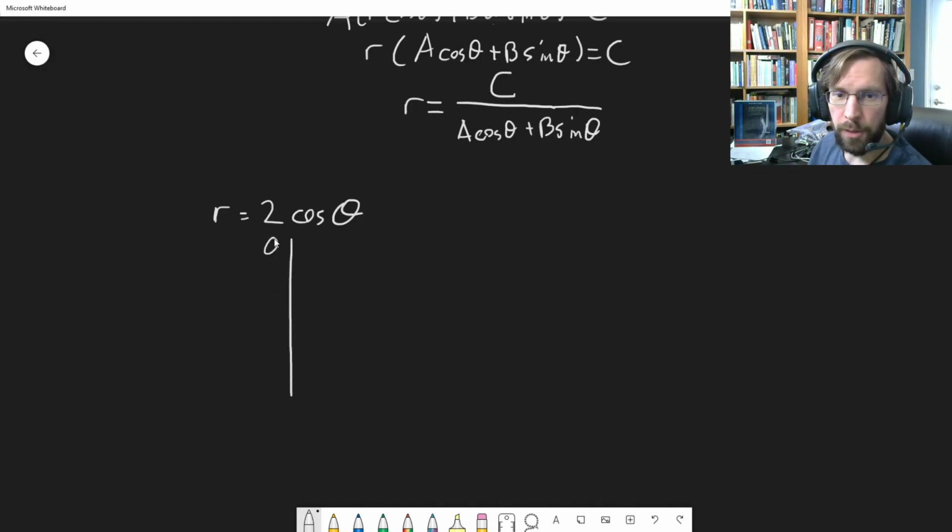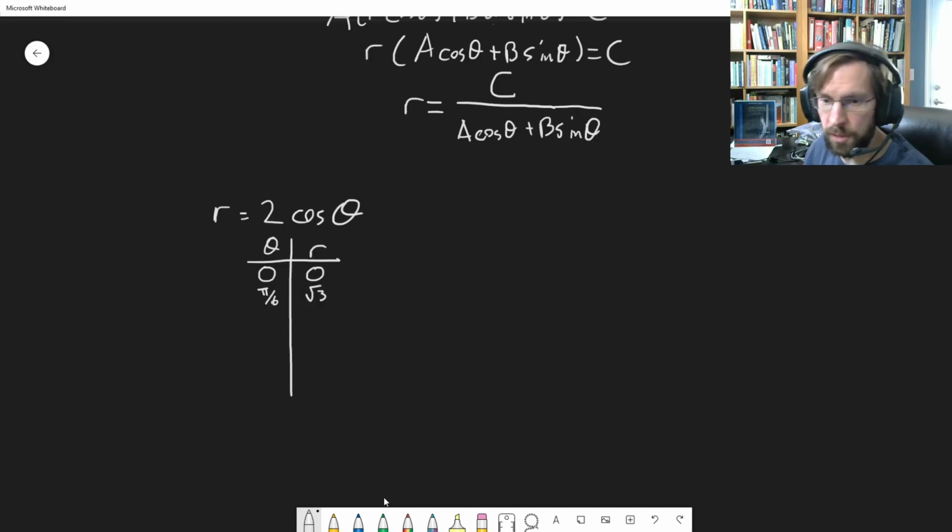So we're going to have our theta, and we're going to have our r. Theta is the independent variable. We choose theta, we get the r value out. So we can start at 0, and if theta is 0, cosine 0 is 0. Then we can go to pi over 6. Cosine pi over 6 is root 3 over 2, so this should be root 3.